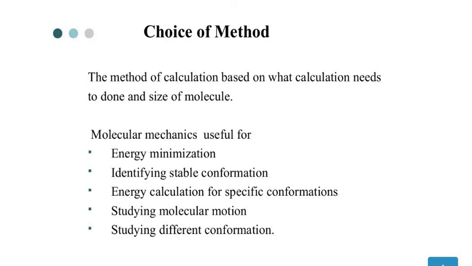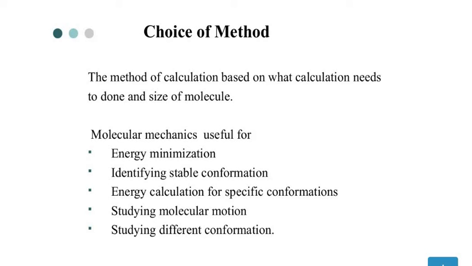So, choice of methods. The method of calculation is based on what calculation needs to be done and the size of the molecules. Because this is computational chemistry, it depends on your choice and on the structure of molecules.